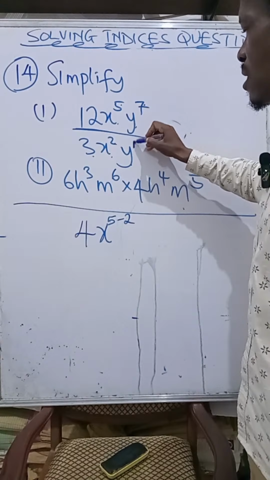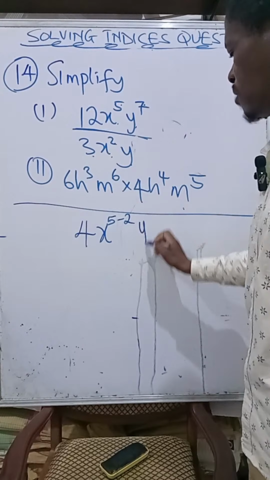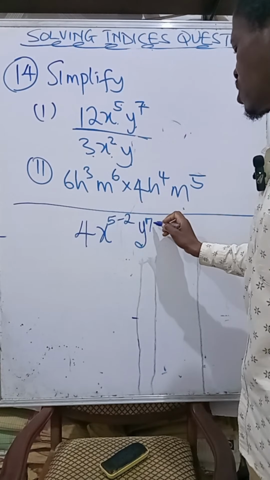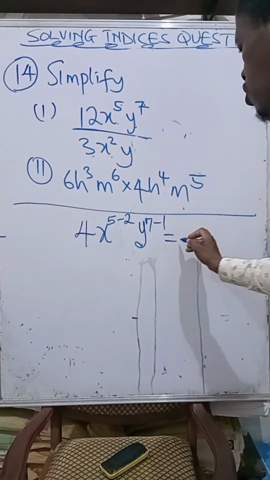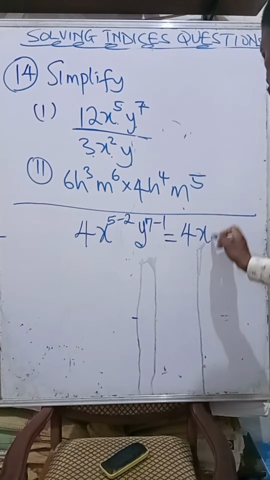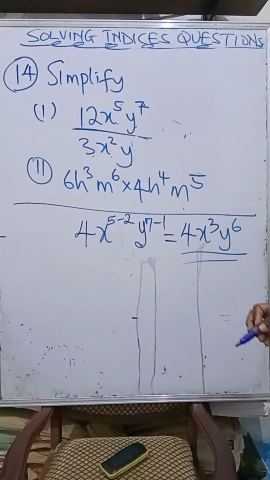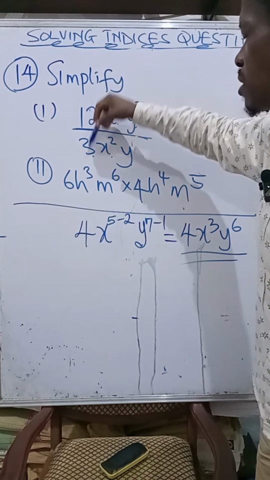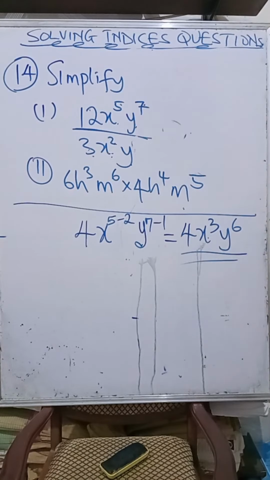There is an invisible 1 here. So you take one of the bases, then you subtract the powers, and that will be equal to 4x to power 3, y to power 6. Very simple. The numeric value, 12 over 3, that's 4. X to power 5 over x to power 2 will give you x to power 3, and this one also will give you this.